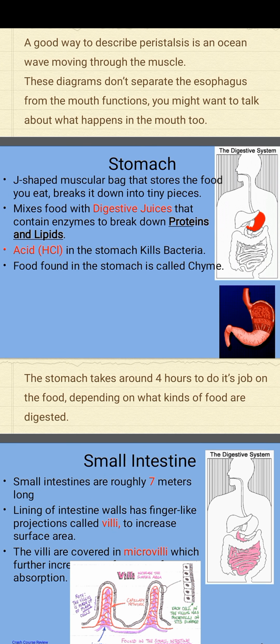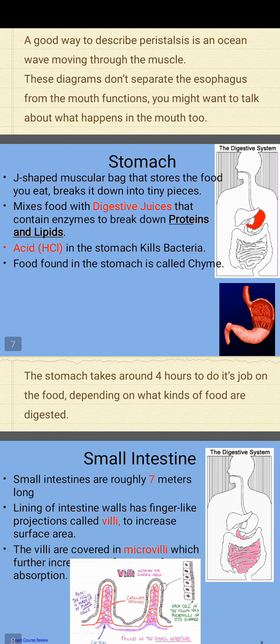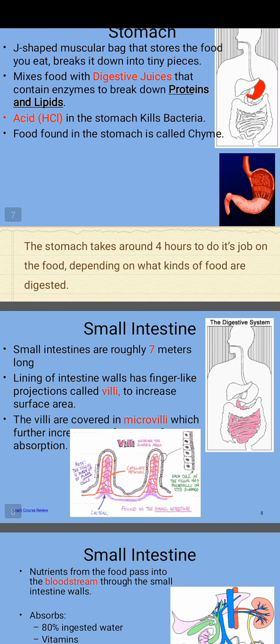Stomach: a J-shaped muscular bag that stores the food you eat, breaks it down into tiny pieces, and mixes food with digestive juices that contain enzymes to break down proteins and lipids. So in the stomach, different types of enzymes are used.